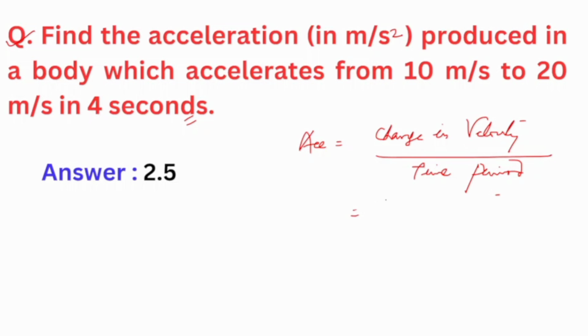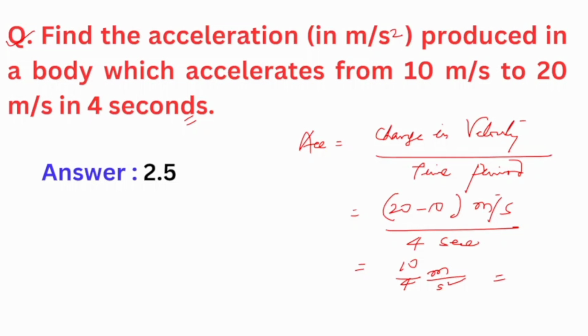So change in velocity is 20 minus 10 meter per second divided by how many seconds? 4 seconds. So here it is 10 by 4 meter per second square. It is 2.5 meter per second square. Okay, this is the answer. Let's move on to the next question.